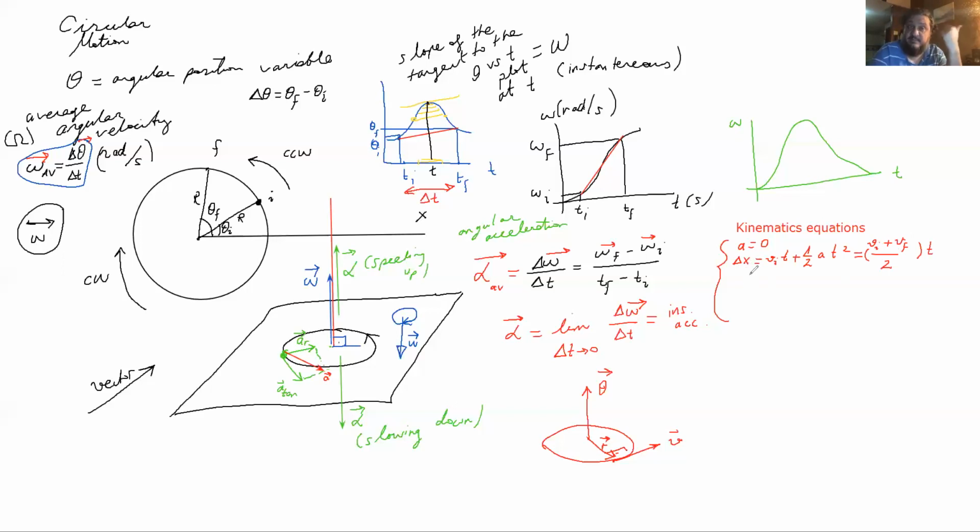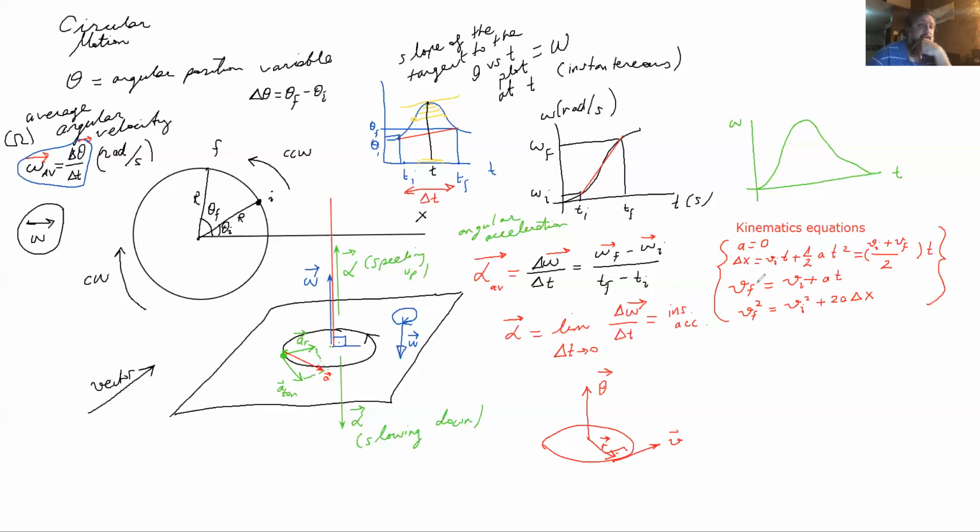Delta x is x final minus x initial, right? V final is V initial plus a times t. And there's another formula. If you don't know how much time elapsed, you can still find final velocity in terms of the initial velocity, acceleration, and displacement: v final squared equals v_i squared plus 2a delta x. That's for linear.